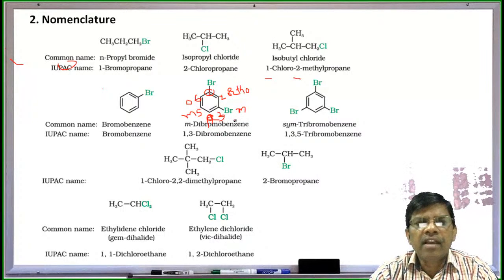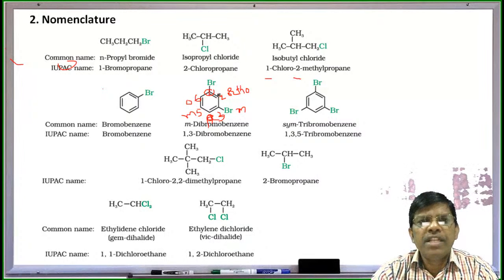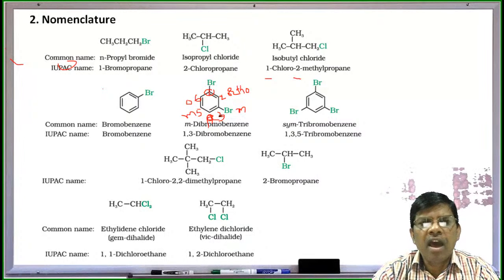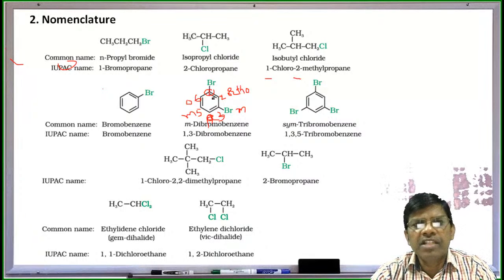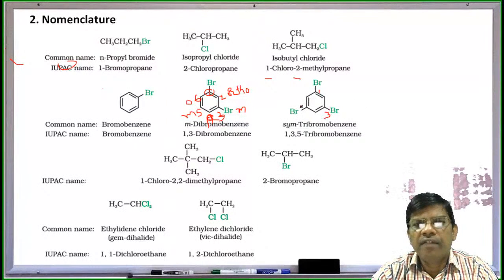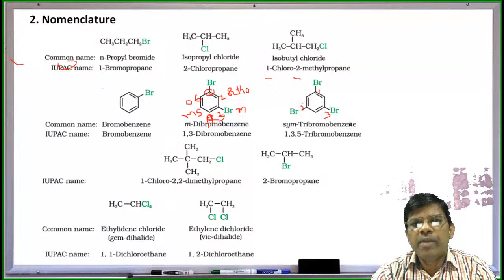So in common names you can use meta-dibromobenzene, or in IUPAC nomenclature you have to give the numbering 1 and 3, 1,3-dibromobenzene. In this case 1, 3 and 5 tribromobenzene, or tribromobenzene in common names.